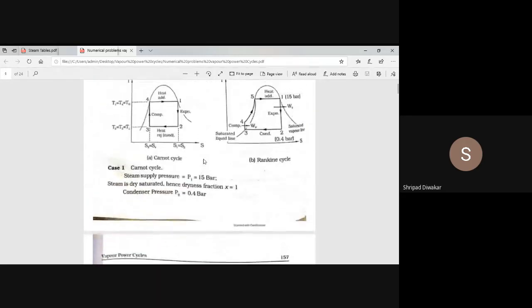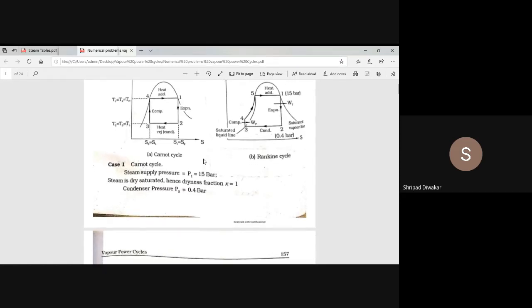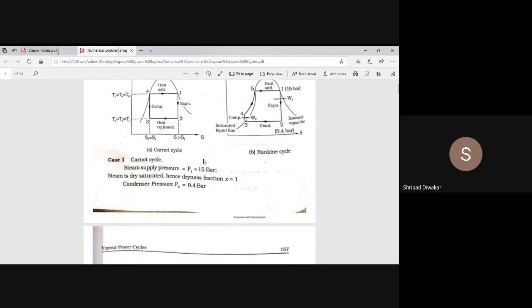And next, you should remember one formula. I hope you remember that formula you studied in basic thermodynamics. H is HF plus X into HFG. That is, the total heat or enthalpy of wet steam is given by HF plus X, the dryness fraction, into HFG.